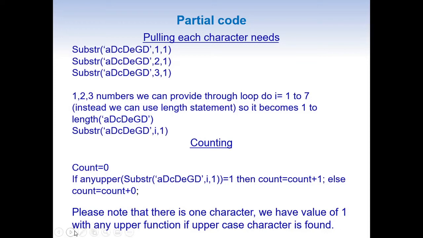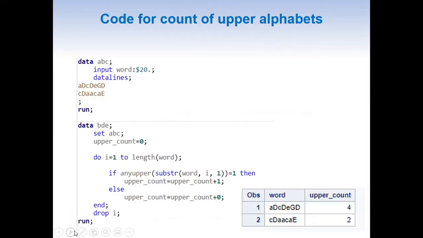Now let us look into the full code for the uppercase letters. Here I have my data set ABC. This is my sample data set, and I'm going to use it in the set statement here to count the uppercase letters. In the code, first we set upper underscore count equal to 0. Then we do I equal to 1 to length of word.